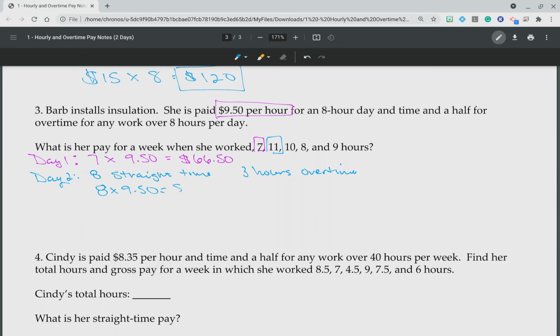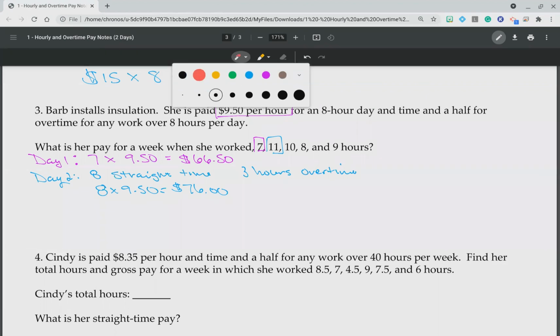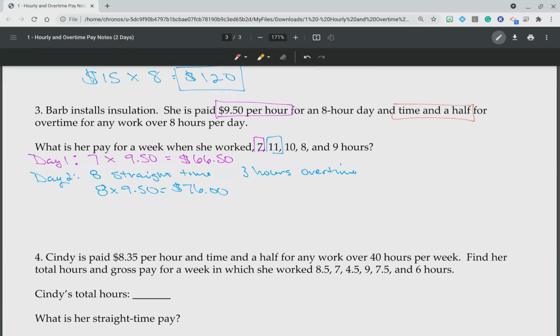So she made $76. All right, but for our 3 hours overtime, we have to use time and a half. So let's figure out what our overtime pay is going to be.